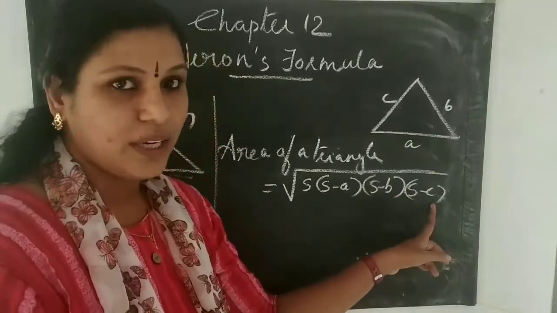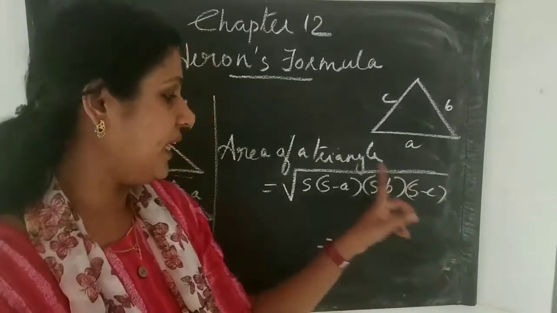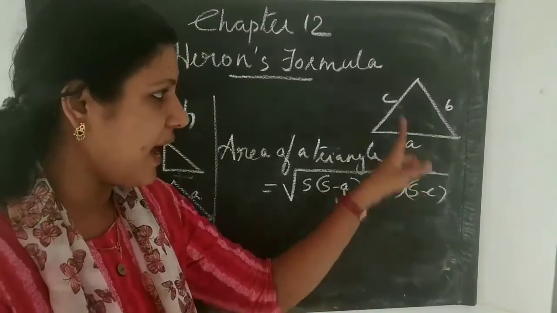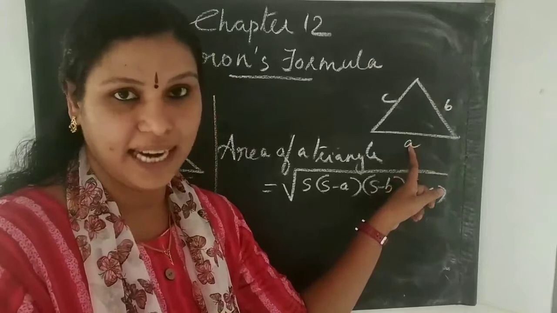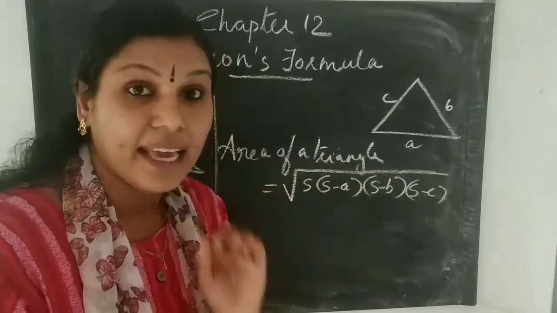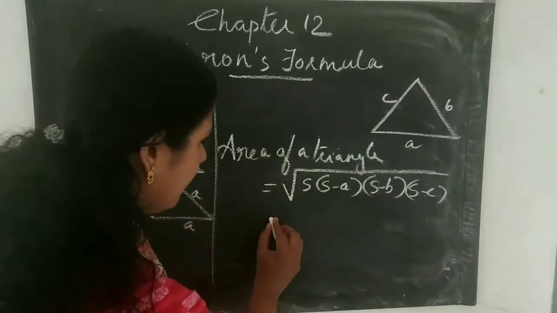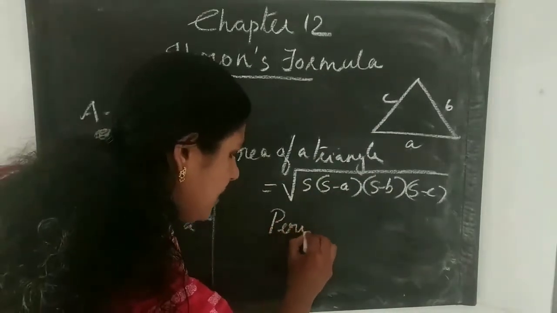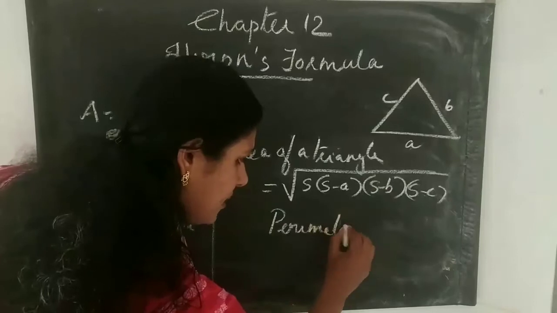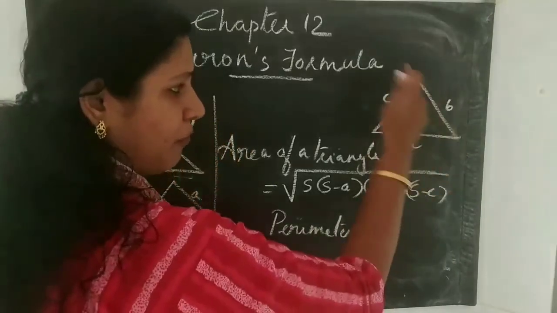Okay. How to read this? Then this a, b, c are the sides of this triangle. And s means semi-perimeter. Children, perimeter is the sum of its sides.